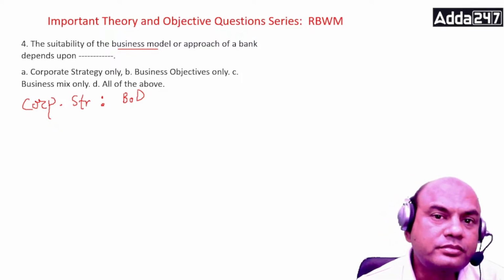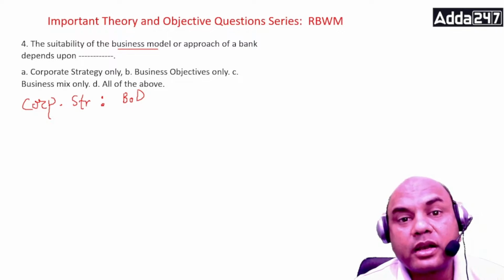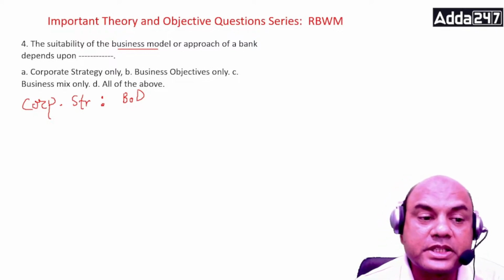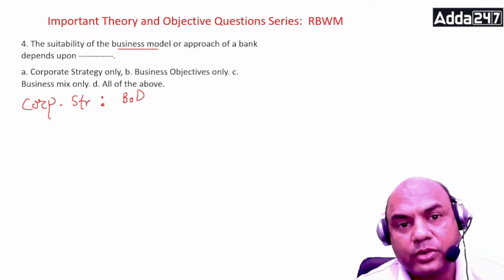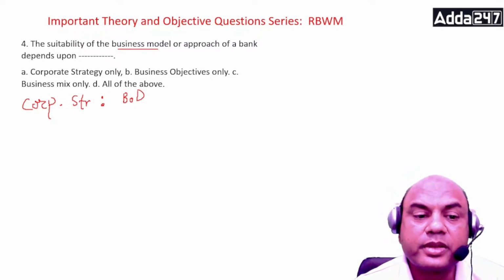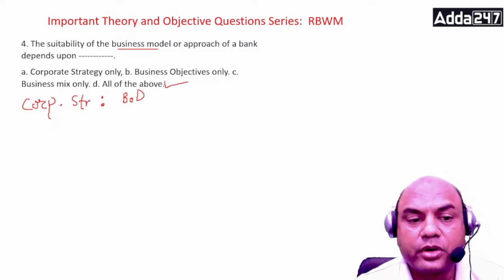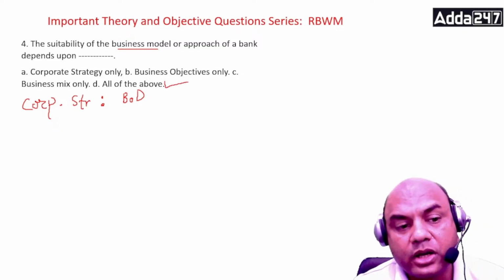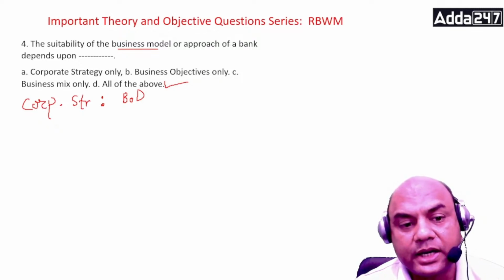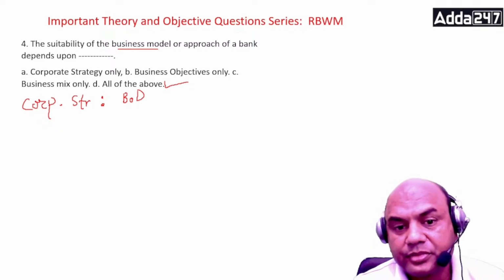FD for some higher returns, mutual funds for some higher returns, locker for safety. This is known as business mix. Various products which combine together to form the business are known as business mix. So what will be the answer? It will be all of the above. The business model depends on all three things: corporate strategy, business objective, and business mix. Got it?